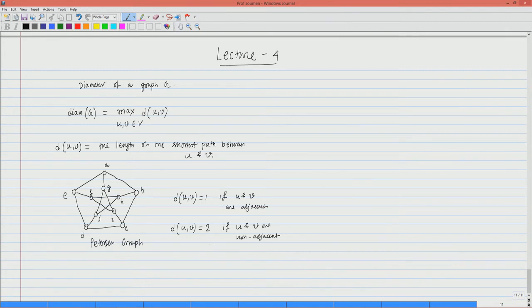because in the case of the Petersen graph, every pair of non-adjacent vertices have a common neighbor.